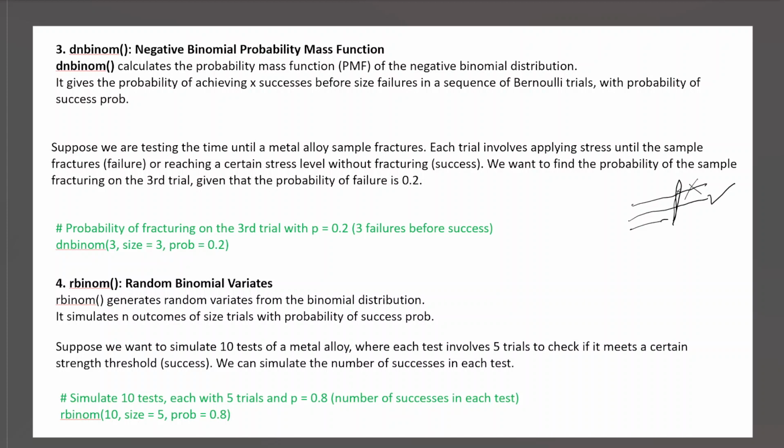All are available, because for each and every distribution you can generate your own data set in the given interval. For example, suppose we want to simulate 10 tests of a metal alloy, where each test involves 5 trials to check if it meets a certain strength threshold. We can simulate the number of successes in each test.